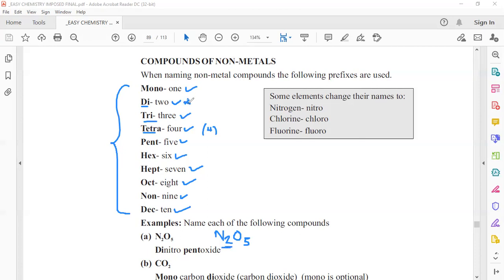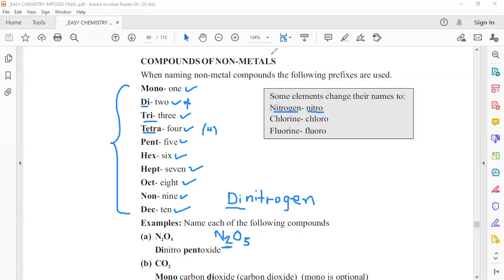What element are we looking at? We're looking at nitrogen, so you are free to say dinitro or dinitrogen.